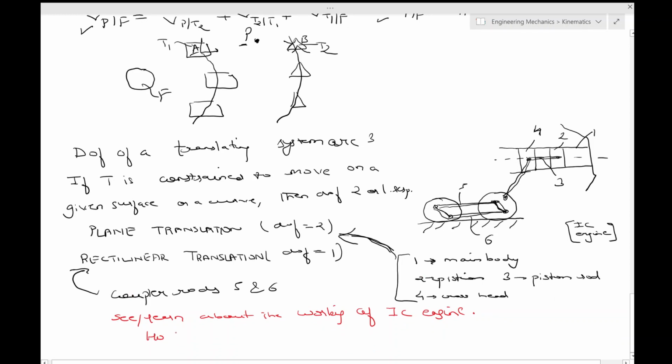How cars move. This is something I think you will do, and then you should be able to identify that the frames 1, 2, 3, 4 in this diagram actually represent a plane translation, and the coupler rods 5, 6 have a rectilinear translation. Sorry.